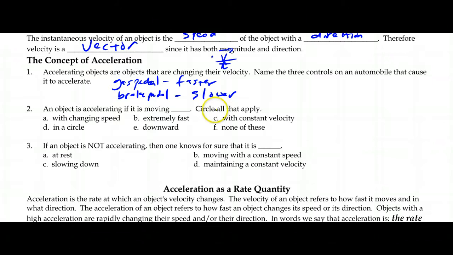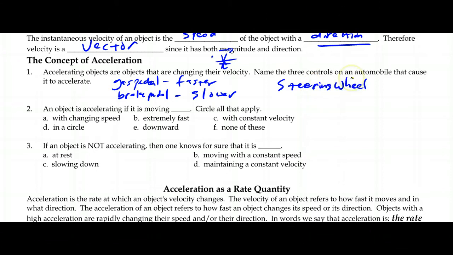Now, acceleration doesn't mean you go faster. It means you change your velocity. So it could mean faster, or it could mean slower, or it could mean the third element, which is your direction. So a third control that you use on the car is the steering wheel. And the steering wheel is also an accelerator.